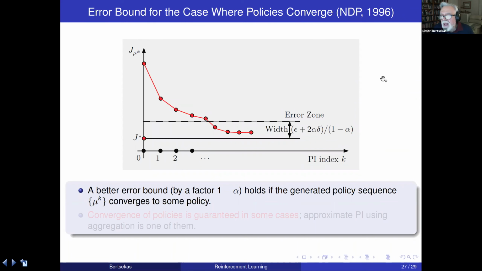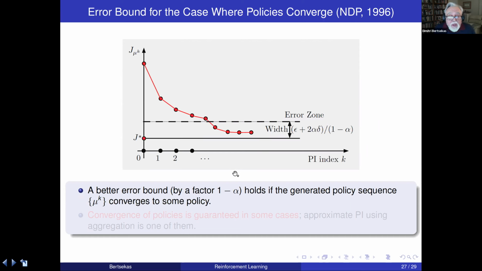Then there's a better error bound. This error bound involves a 1 minus alpha factor in the denominator, whereas before we had a square, here we have only the first power. And given that alpha is pretty close to 1, it's a significant improvement.